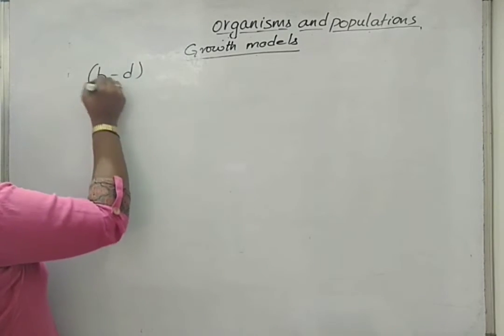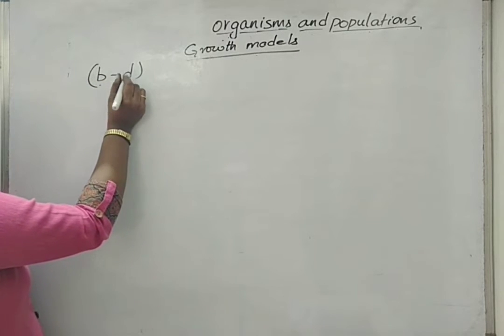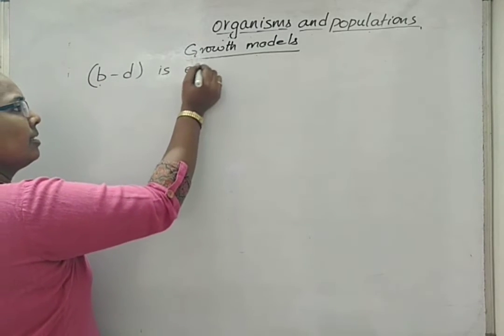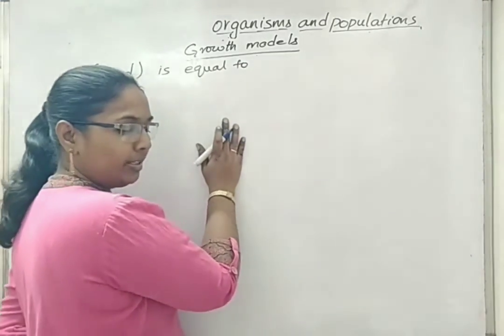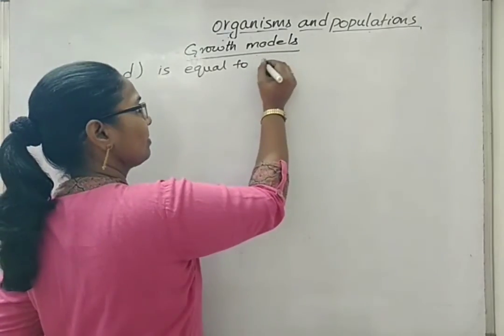B minus D, birth rate minus death rate, is equal to the intrinsic rate of natural increase.